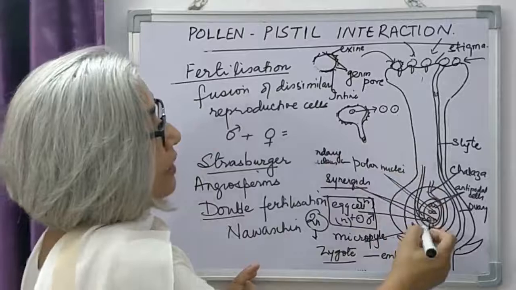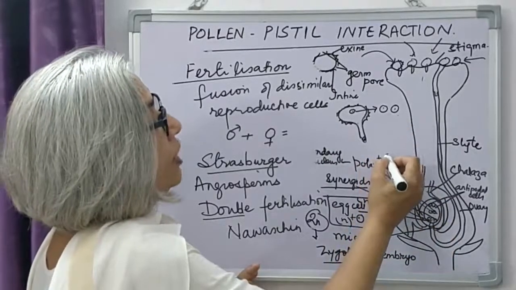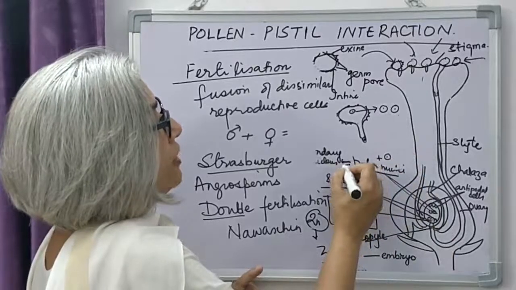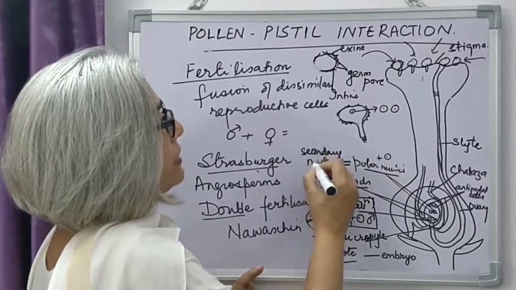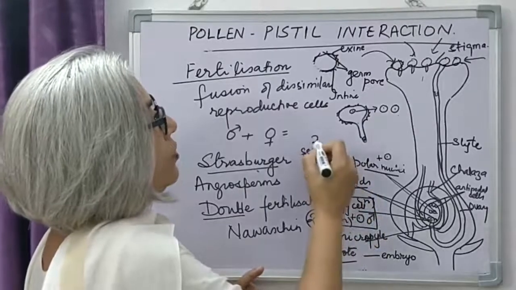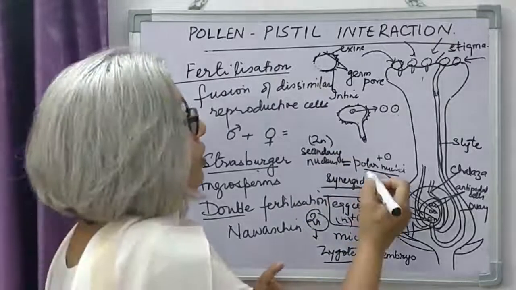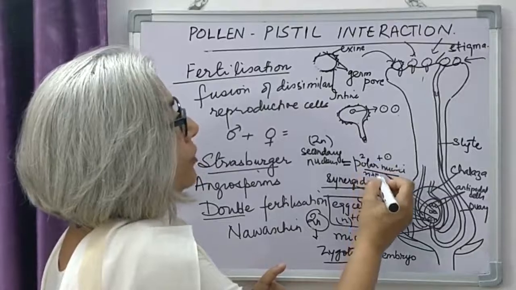The second male gamete will come in contact with the two polar nuclei which have fused to form the secondary nucleus. The secondary nucleus is diploid. Why? Because it has been formed by the fusion of two polar nuclei.